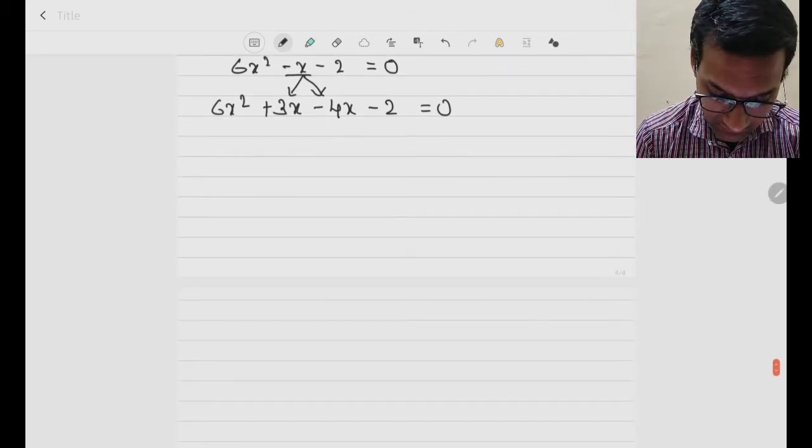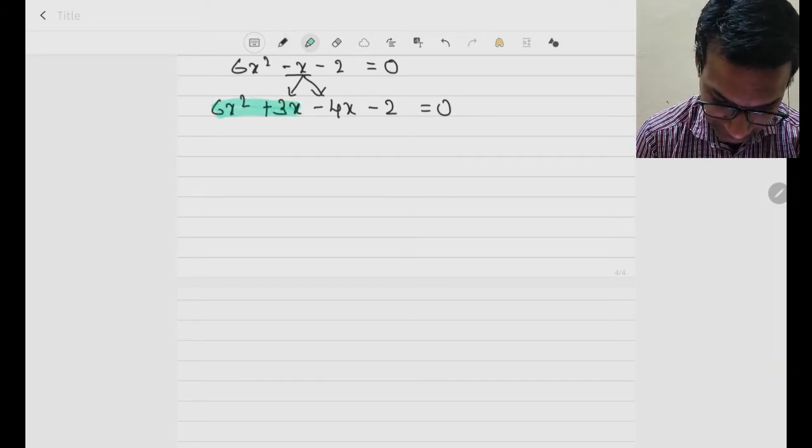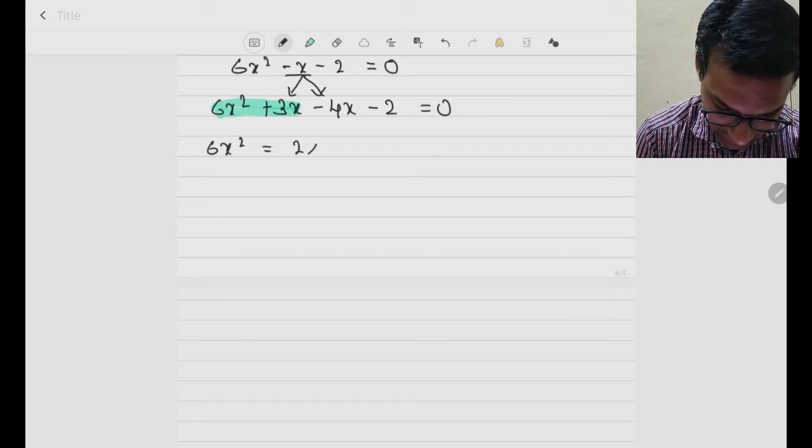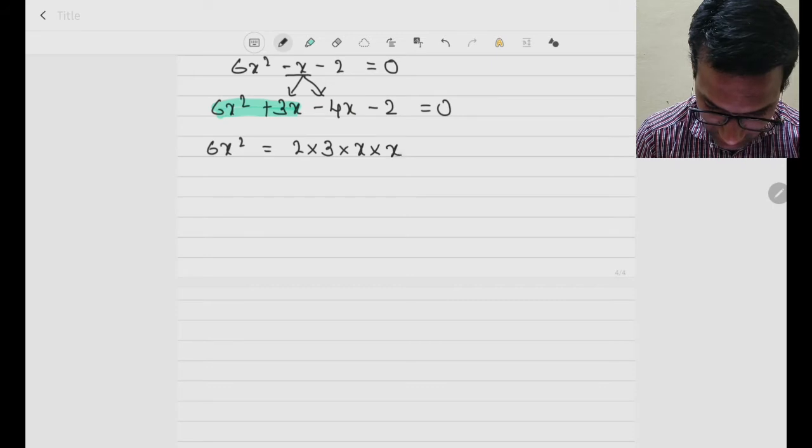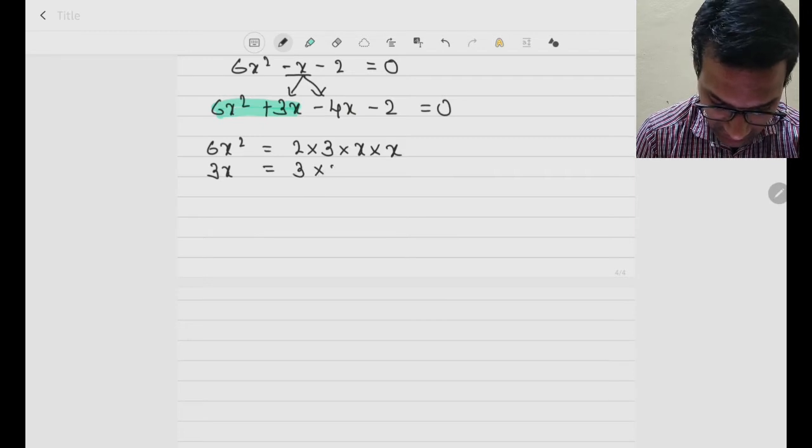So now we will take common from the first two terms. So 6x square means we have 2 into 3 multiplied by x into x, whereas 3x means we will have 3 into x.